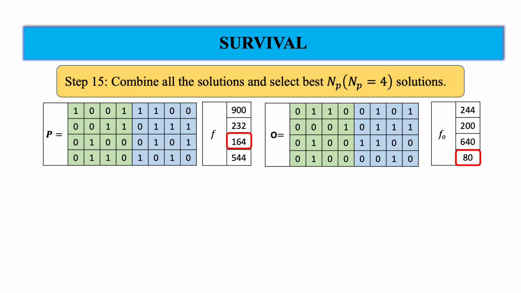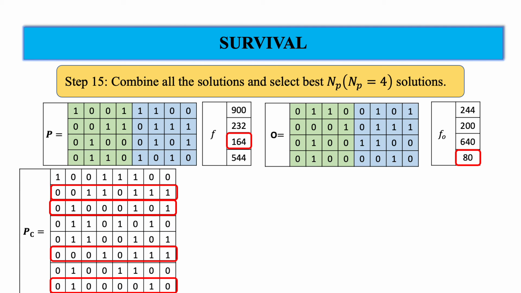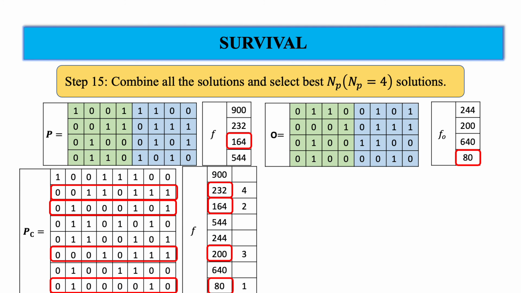So we are supposed to combine both of these. This is the combined population and combined fitness value, and then we need to sort this vector to determine the best 4, because the population size is 4. In this case we generated 4 offspring.